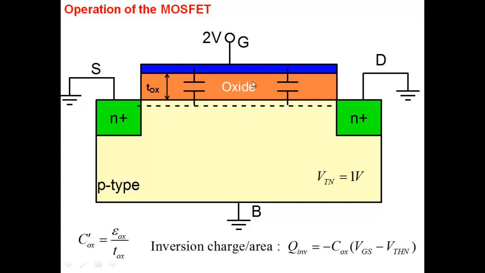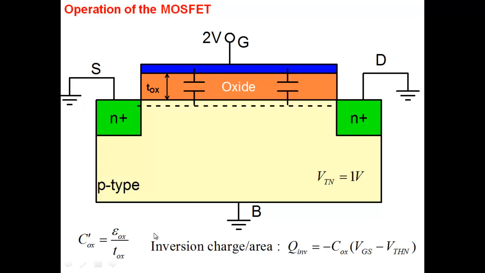All right, so let's look at this particular picture here. Again, we're back to our simplified schematic. Let's put some symbols here. The thickness of the oxide is T oxide. And the capacitance of this MOS system, capacitance per unit area, would be E oxide, the dielectric constant, divided by T oxide.